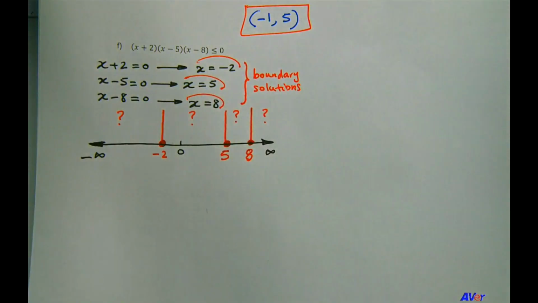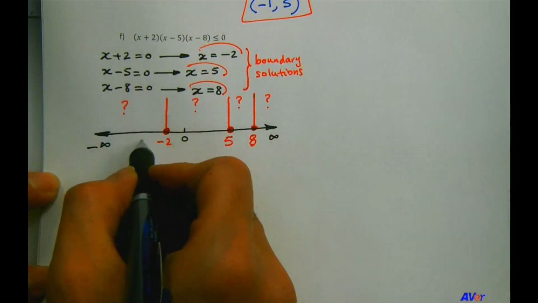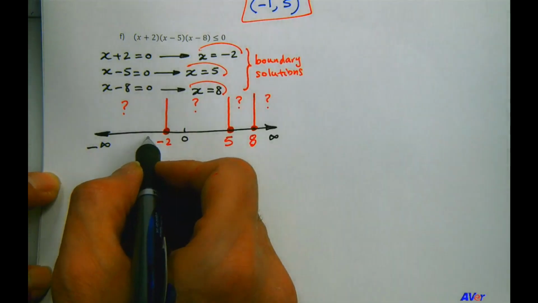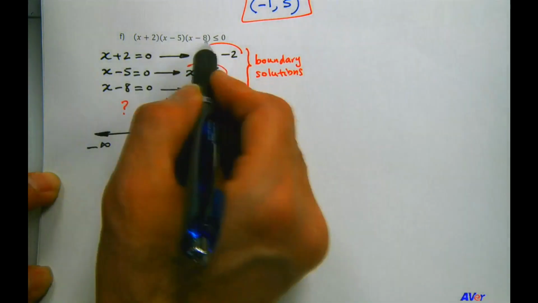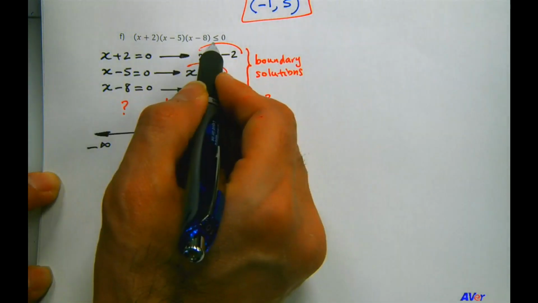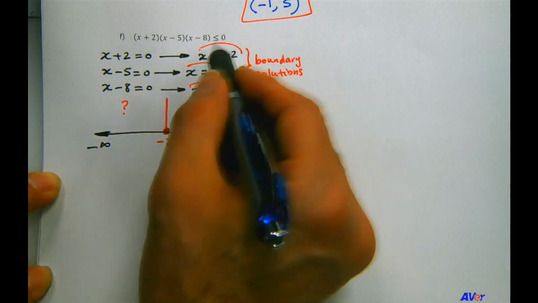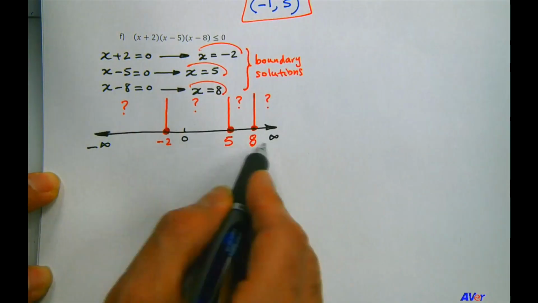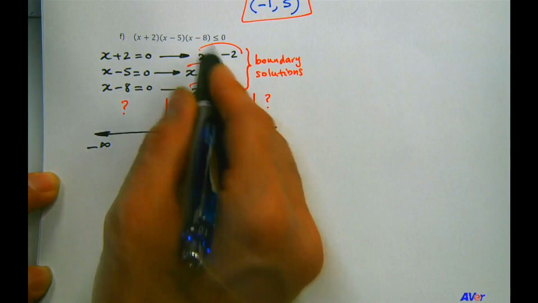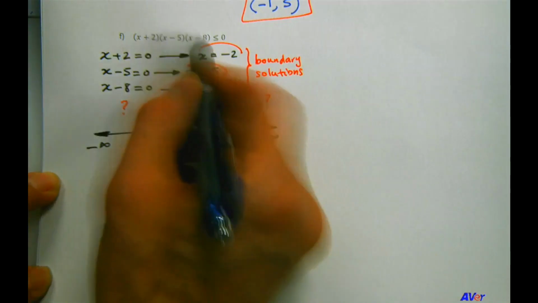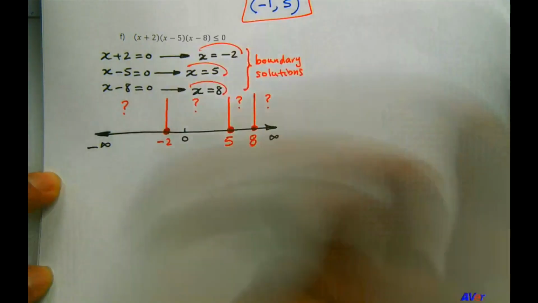Okay, let's pick a test value in each of these 4 regions, and we're going to do that with the easiest number possible. So let us test x equals -3. We'll plug that in here to see if the left side is less than or equal to 0. We know it's not going to be equal to 0 because we've already found what numbers will make that equal to 0. But we'll find what makes the left side a negative number.